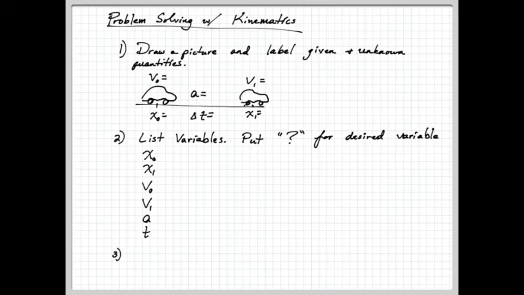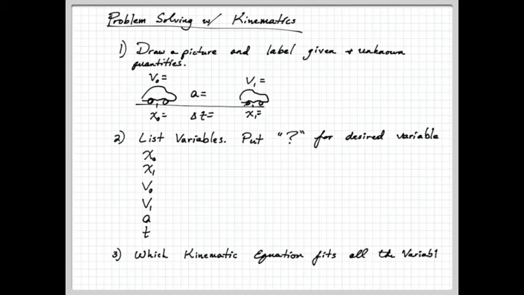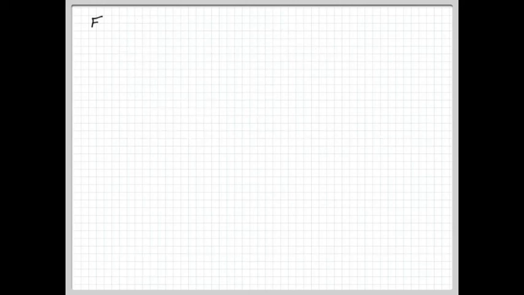The next step would be to look at the list, look at what you have and what you need, and then look at the three kinematic equations and figure out which equation will fit those variables. You can only solve an equation for one unknown, so you want to fit these variables and their respective values into the equation that will actually solve for you. And once you've found that equation, solve the problem.